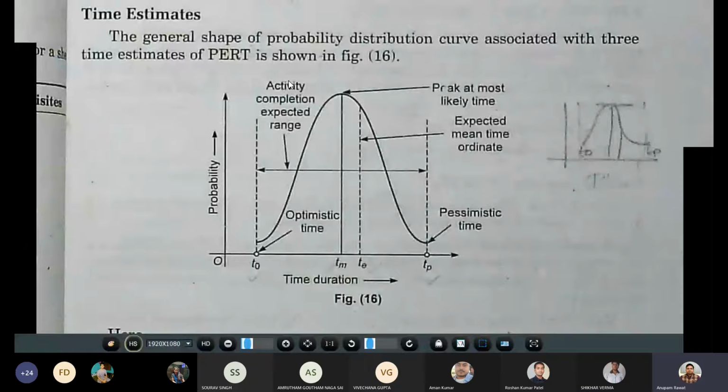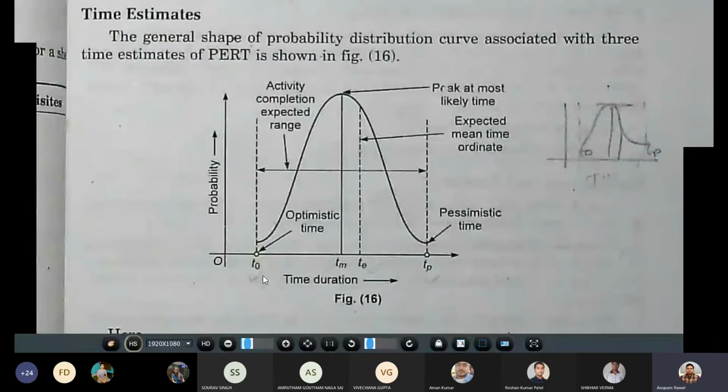Exact estimation of the time is difficult, and in this system, the planner makes three types of time estimates. The first type is the optimistic time estimate, which is the shortest possible time in which our activity can be completed under ideal conditions, and that is represented by TO.